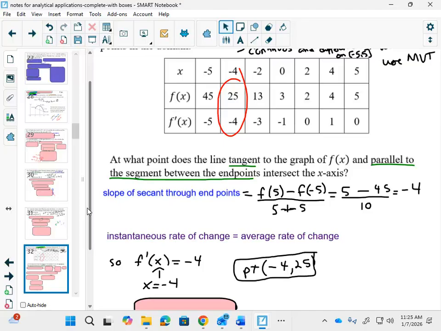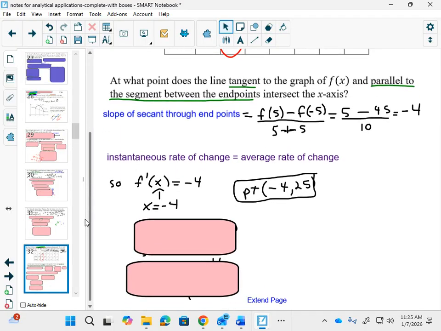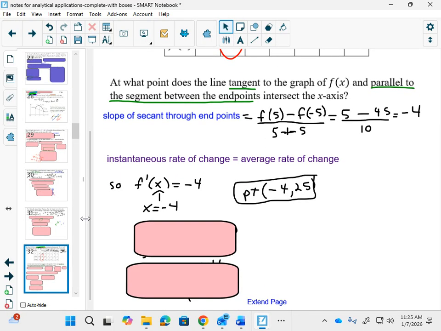But that's just a point on your tangent graph. Is that what the question is asking? The question is asking, where does it intersect the x-axis? What do we need to do that? We need the equation of our tangent line. What are the things you need for an equation of a line? You need a point, and you need a slope. We have the point.